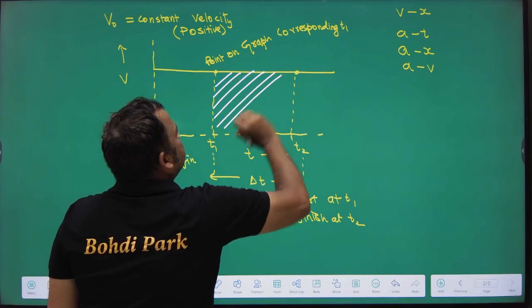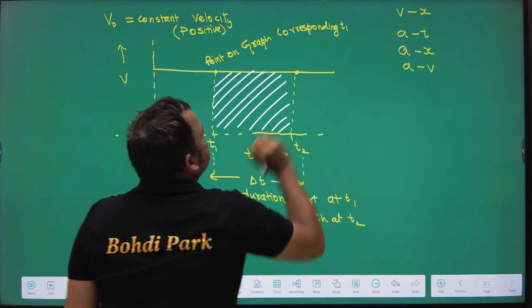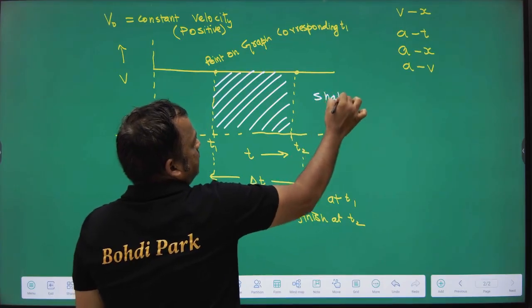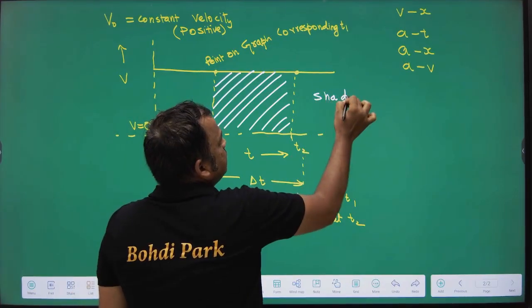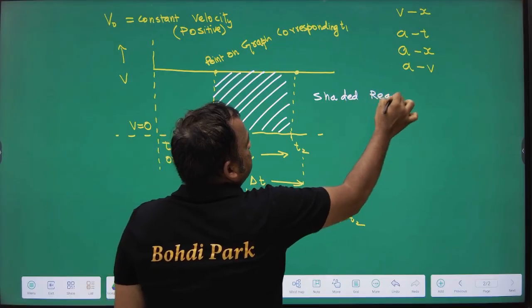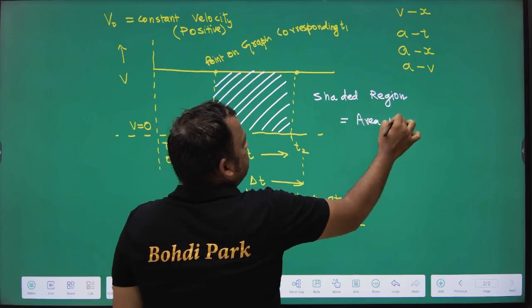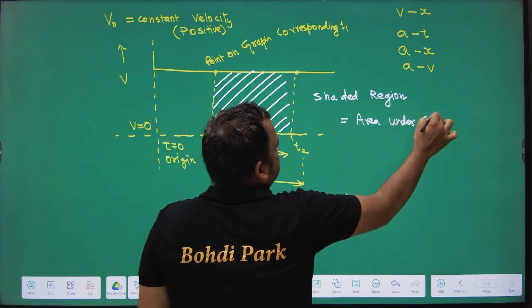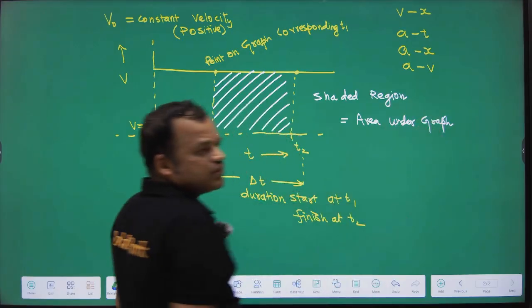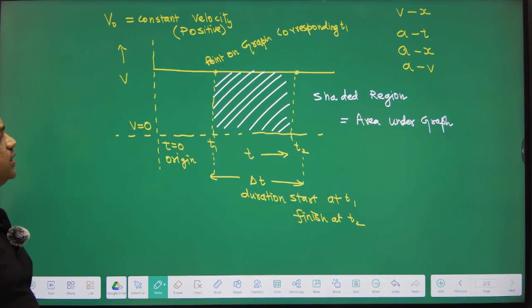This shaded region is known as the area under the graph. Let's calculate how much this area is.